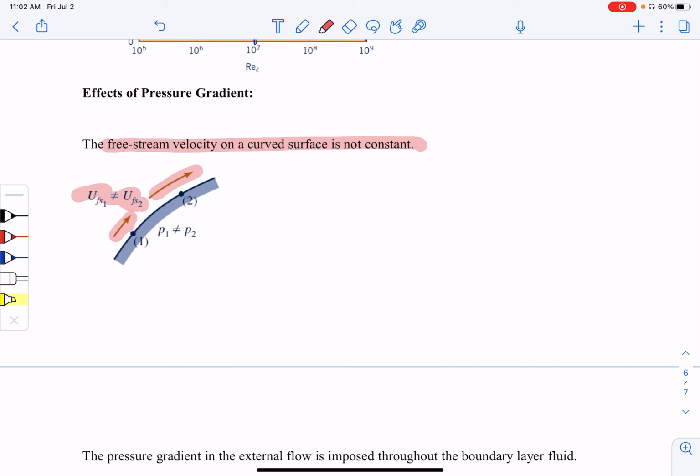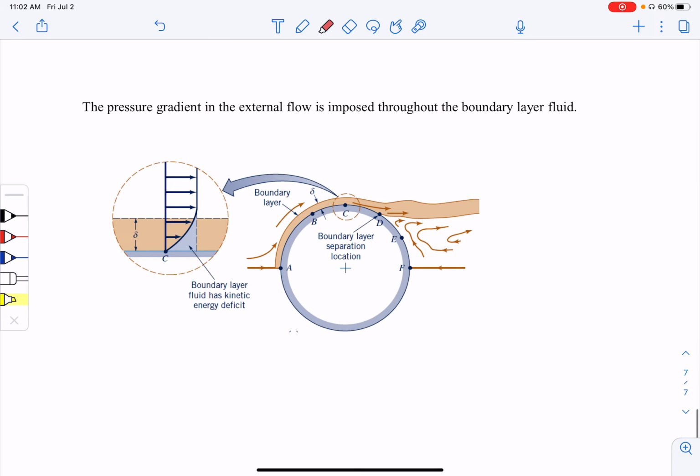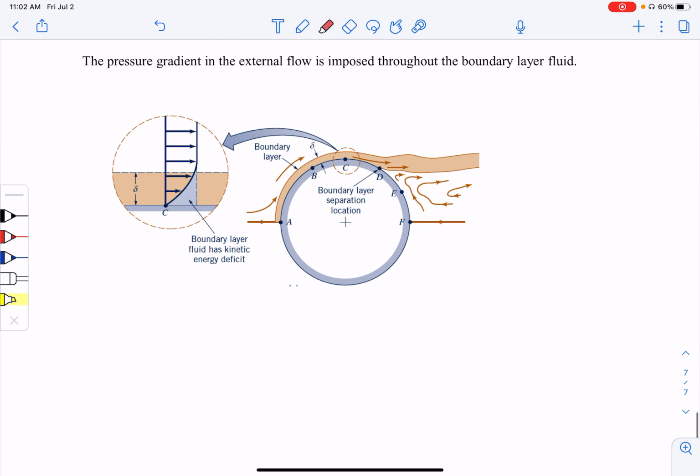Now why are the pressure gradients important? Because the characteristics of the entire flow, both within and outside of the boundary layer, are often highly dependent on the pressure gradient effects on the fluid within the boundary layer. So this is why this is important. And here in this figure, I wanted to show you the separation location.